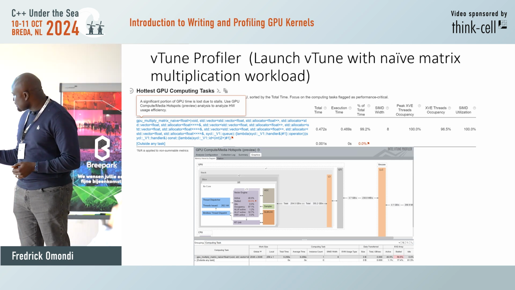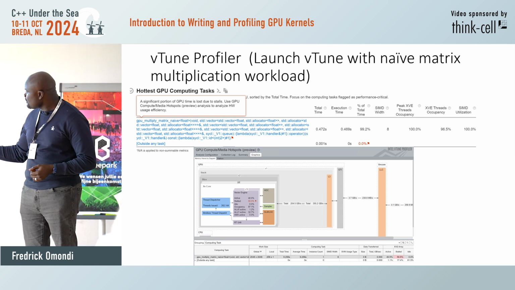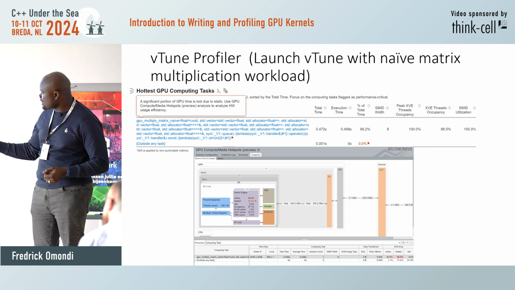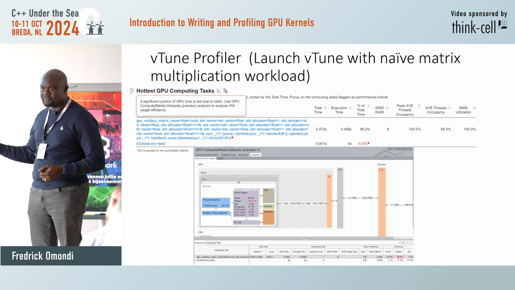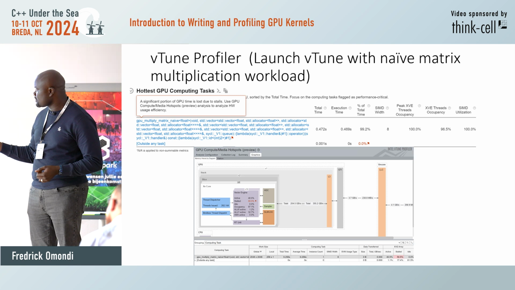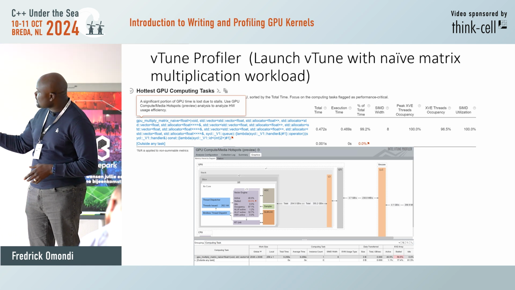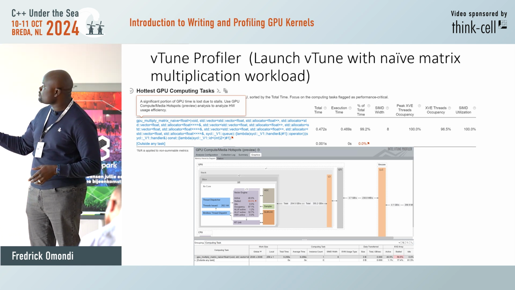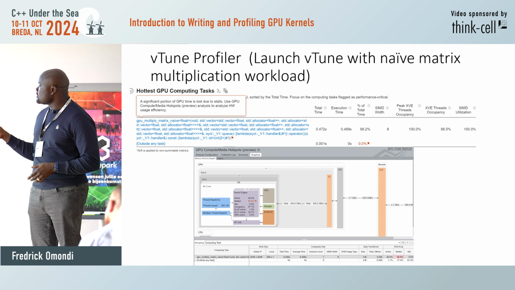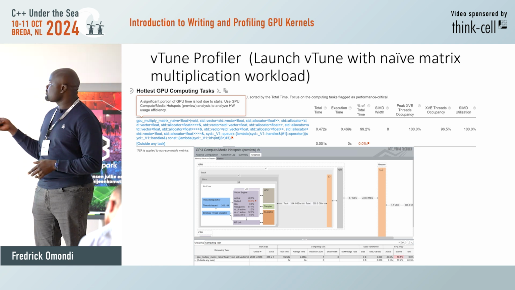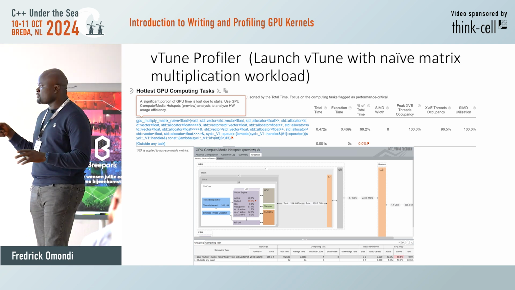VTune tells you that 59.5% of the time spent on this workload, even though the GPU was active, it was simply busy waiting. It also highlights that a significant portion of GPU time is lost due to stalls. The way the VTune profiler works, I was going to show it, but I'll describe it.